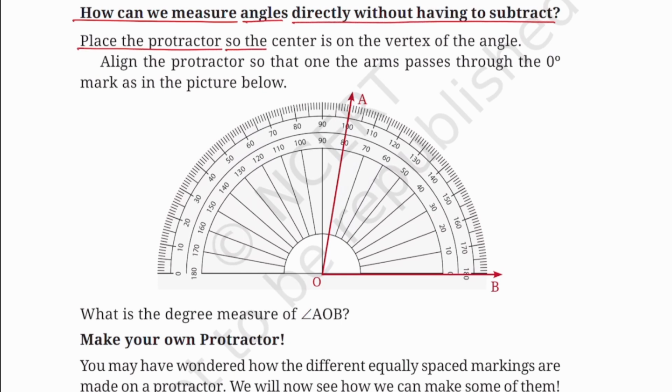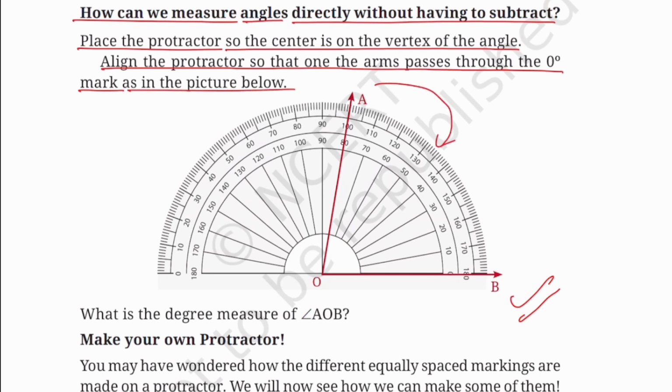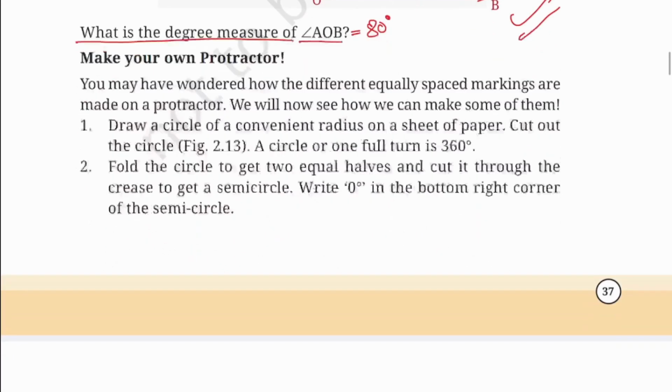Place the protractor so the center is on the vertex of the angle, like this. Align the protractor so that one of the arms passes through the 0 degree mark as in the picture below. You can see one arm is passing through 0 degree line. What is the degree measure of angle AOB? That is 80 degree. Angle AOB is equal to 80 degree.